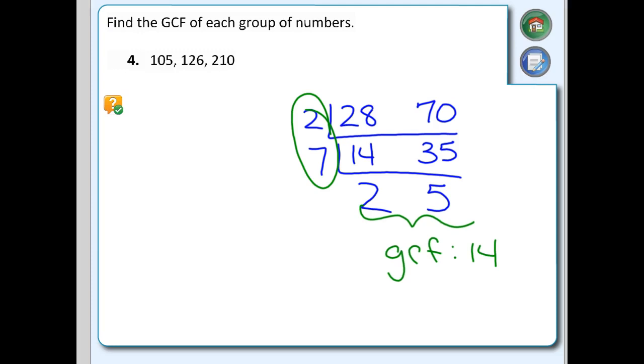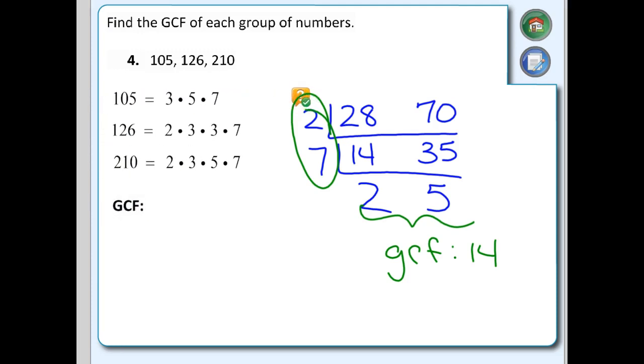So how about if we did a 3 for all? Well, look what happens. If I do my prime factoring of each one of those, all right, here we go. And now when I look at the numbers, what number is common, GCF, greatest common factor? Well, if I look, 2 is not.